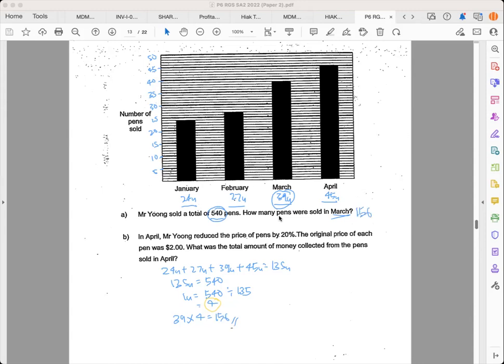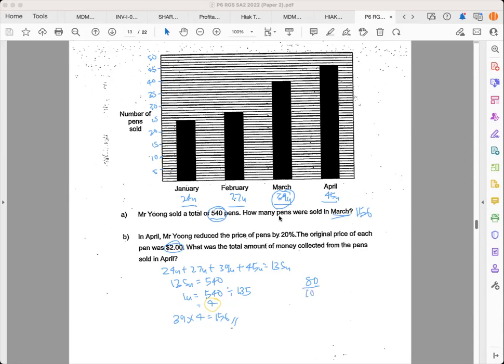In April, Mr. Yong reduced the price of pens by 20%. The original price of each pen is $2. What was the total amount of money collected from the pens sold in April? So let's find out the new price. The new price for the pen is reduced by 20%. So if you reduce by 20%, you're left with 80%.